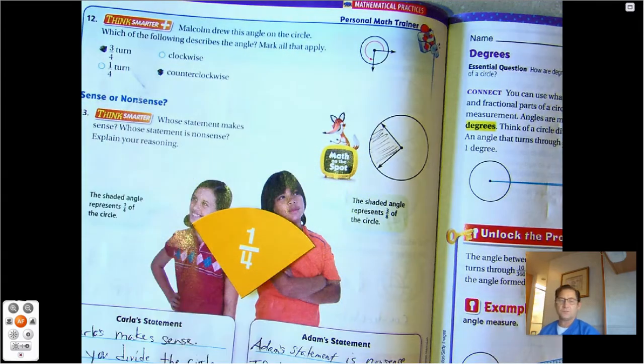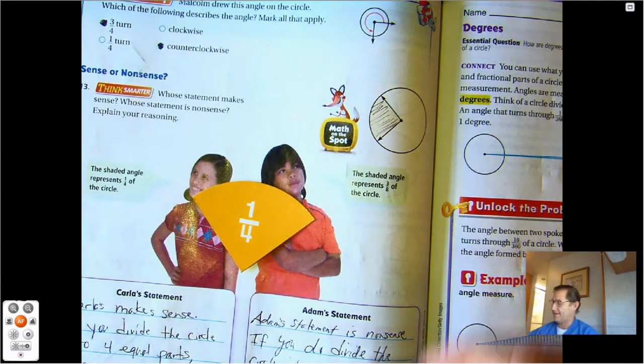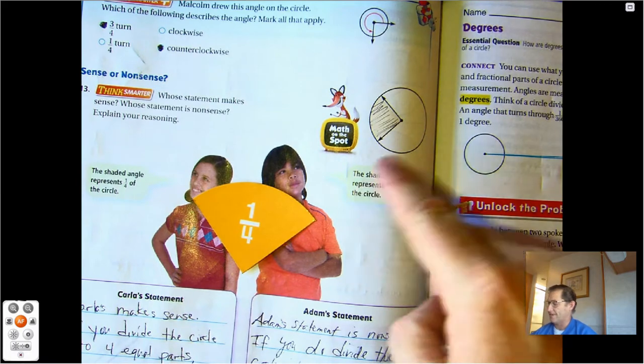Hers was a fourth, and we're saying that instead of fourths, it's going to be broken into 8 pieces.